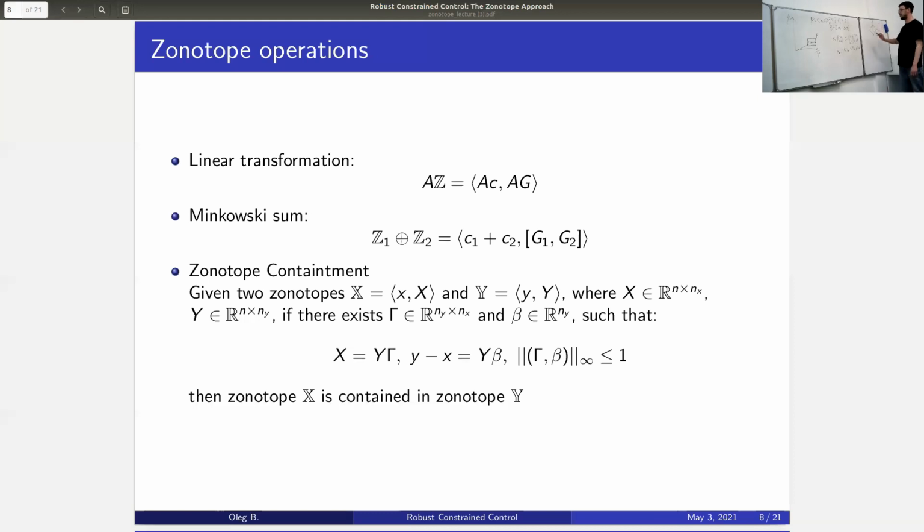After a moment we get something like this. The next Zonotope will be this, and the system converges to 0.